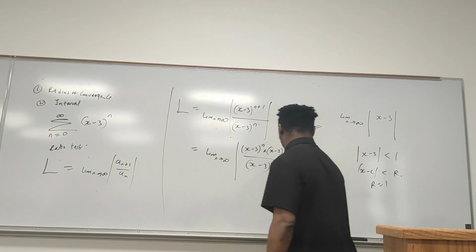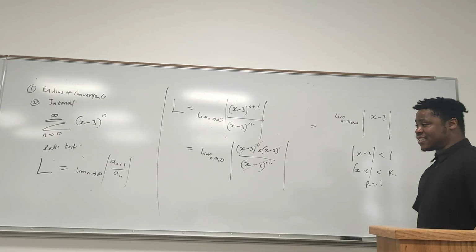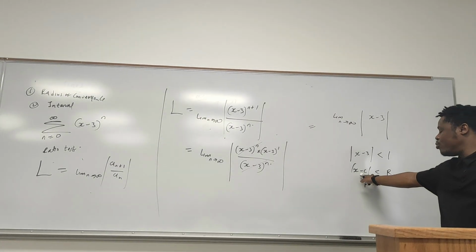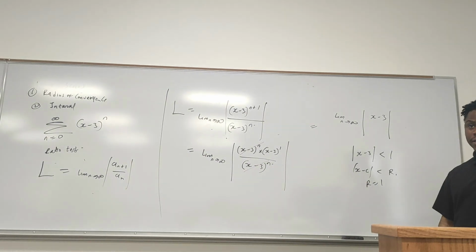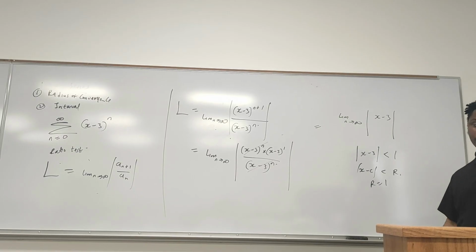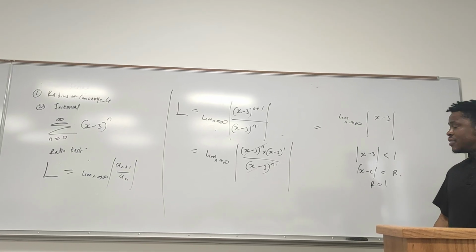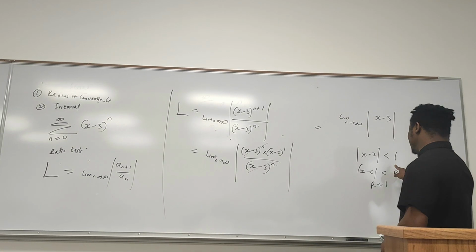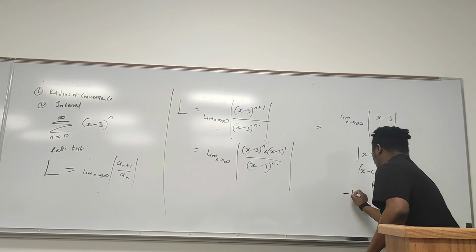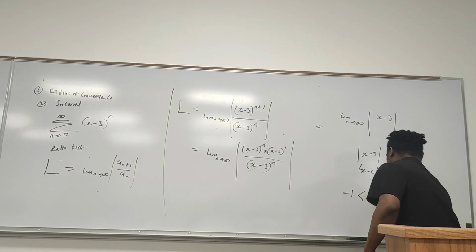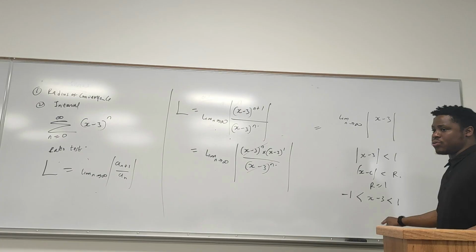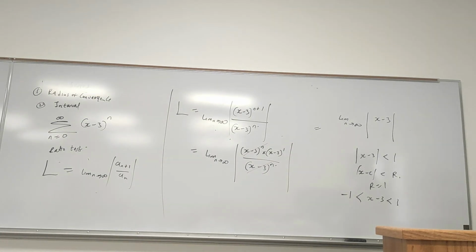Now, to find the interval of convergence, here is what you need to do. This is an absolute value, and there's a way you can remove the absolute value. Does anyone know how? It's the same thing as saying minus 1 less than x minus 3 less than 1, because whatever is inside could also be negative, since it's an absolute value.